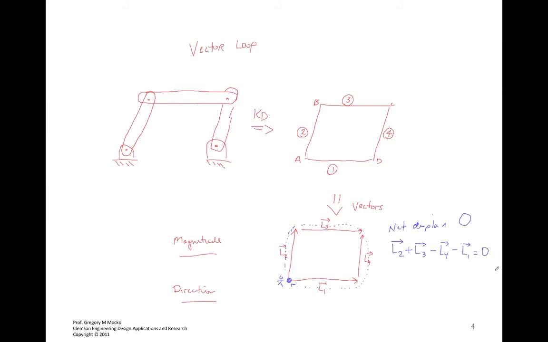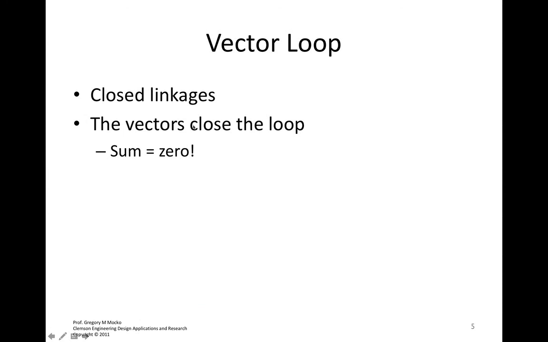And all those things equal my net displacement. Okay? So this is what we call a vector loop. So just what I said, it's for closed linkages. Okay, so a vector loop is for closed linkages. And the equations that I give you at the end of this are going to be solved for closed linkages.